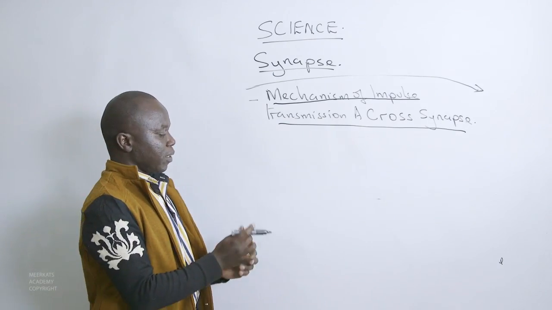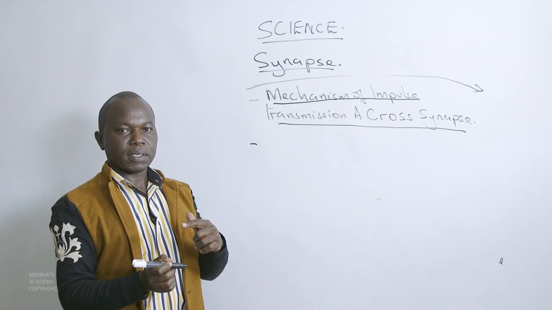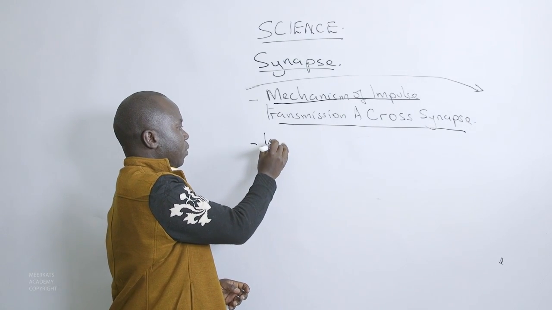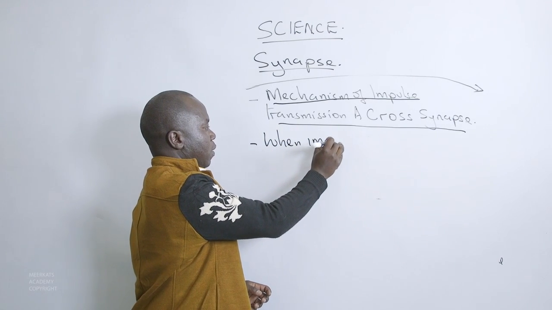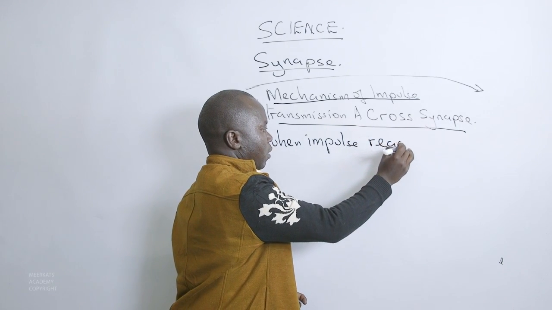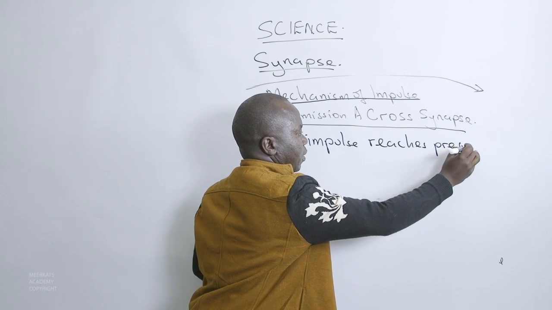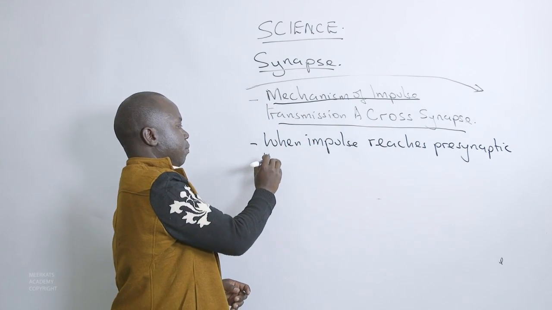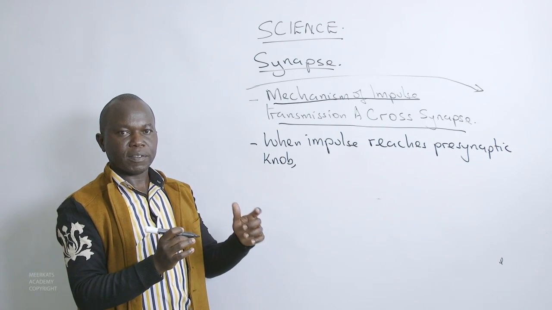So briefly, we have said what will happen when an impulse reaches the presynaptic knob. It is going to stimulate the vesicles.